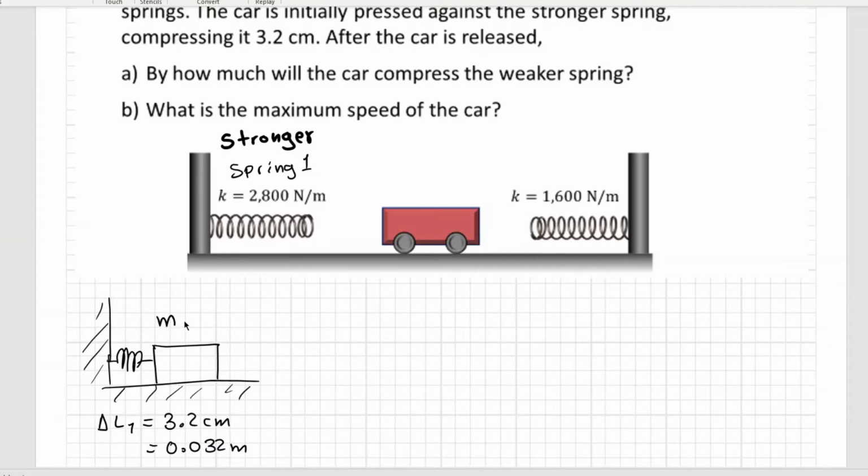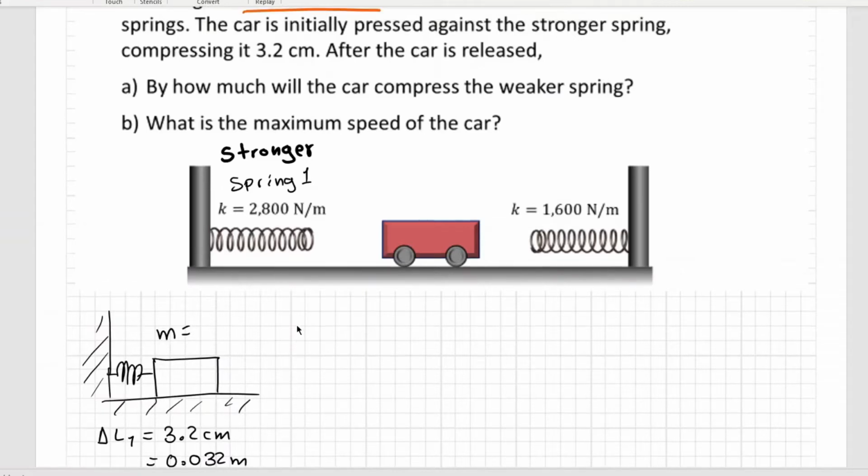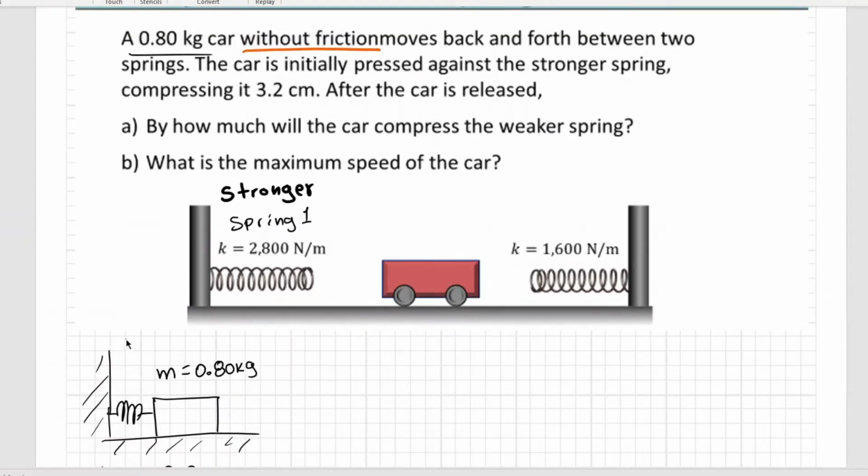The mass of the car is known, and this figure shows the initial configuration of the system. The system, by the way, in this case will be the car, which may have kinetic energy, and the two springs that might store elastic potential energy.